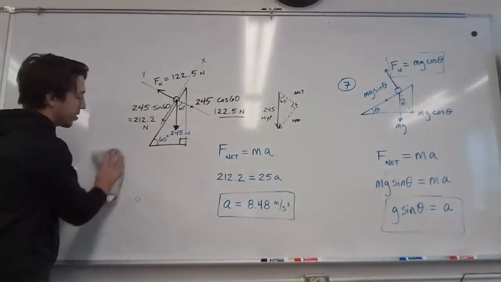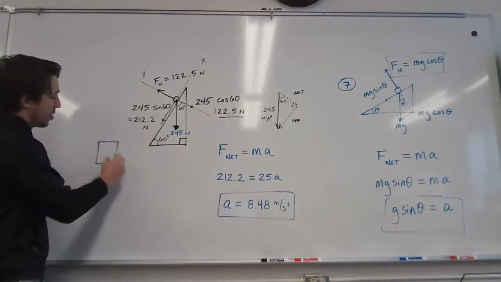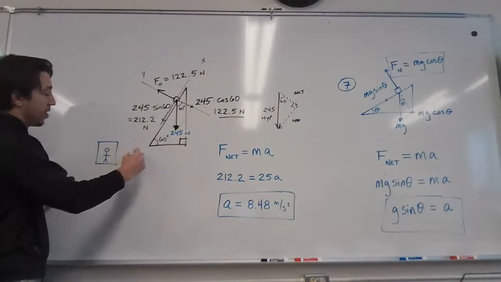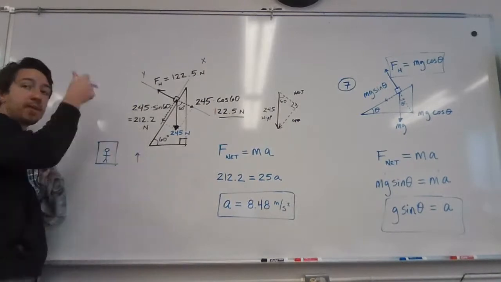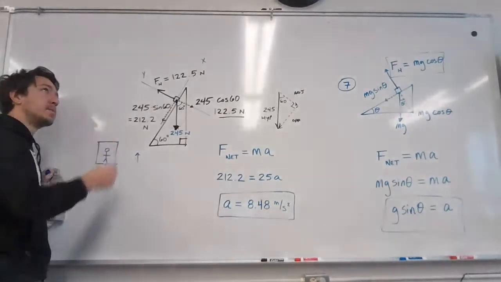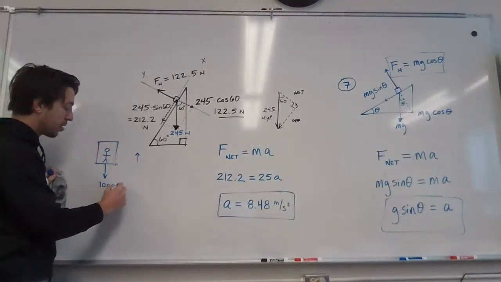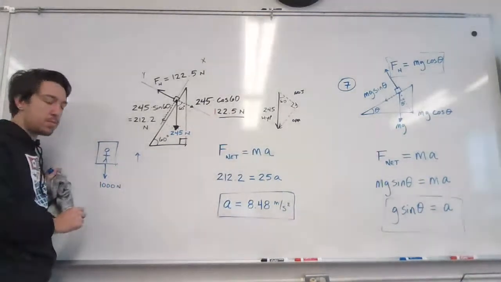So if you think back to those elevator problems, let's say we're moving up and then we're going to accelerate. We're going to start going faster. So suppose, just to keep it simple, you're a 1,000 Newton person. Your weight is 1,000 Newtons.